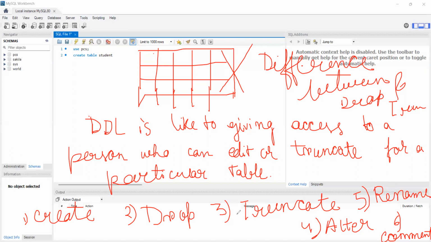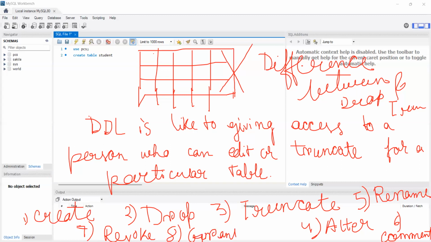So DDL, I think there is something more: create, truncate, rename, alter, comment. There are some more commands.